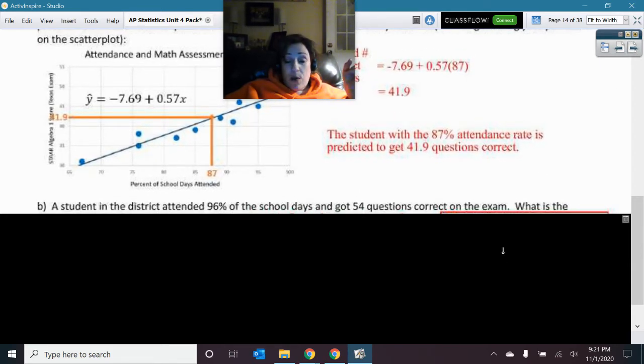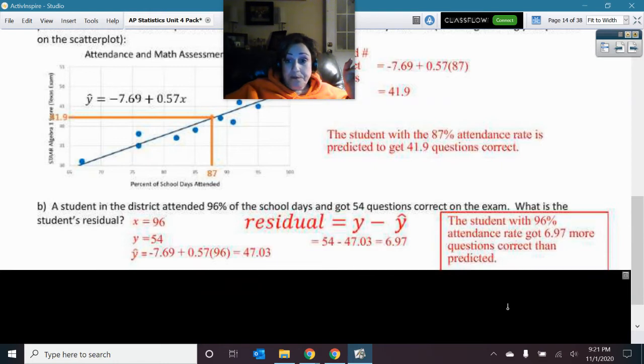So take a look at what happens here then. See, I start my little section over here that says X equals 96, actual Y equals 54, predicted Y. You have to remember that your predicted Y you can compute. You just go to the prediction equation, plug in the X they tell you.